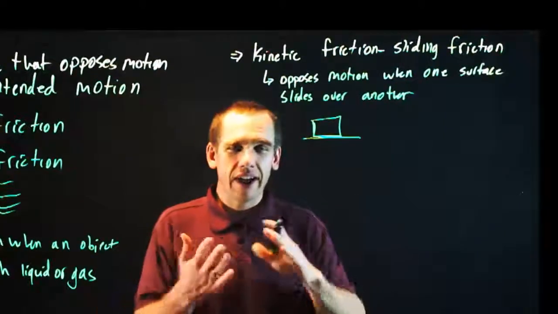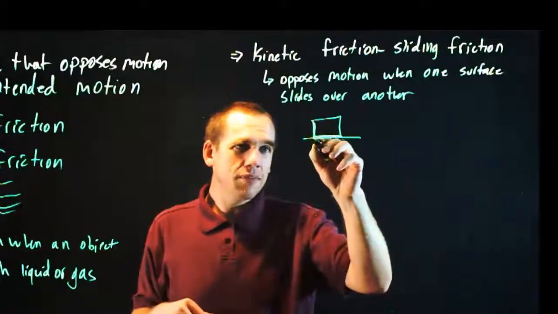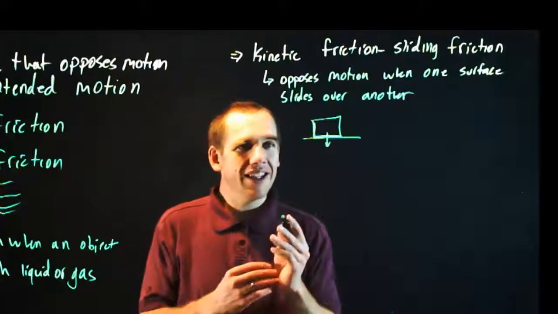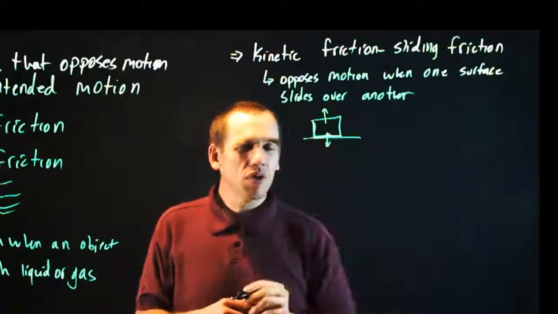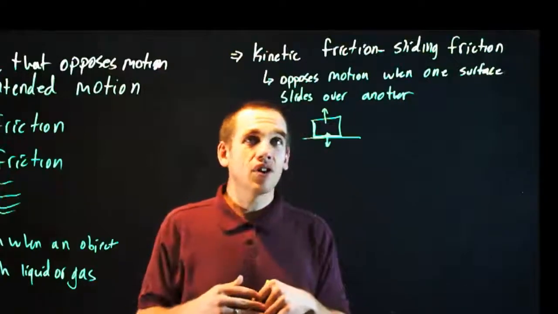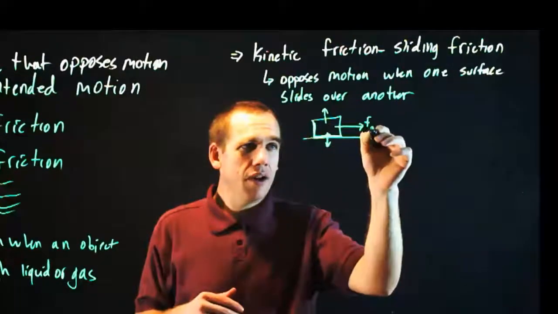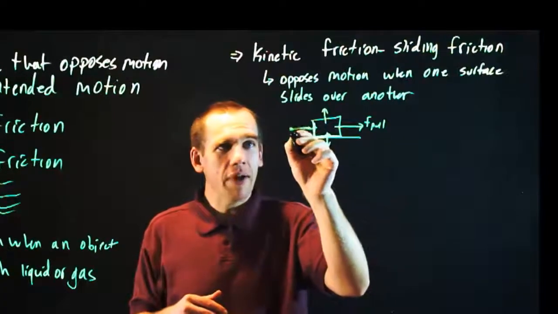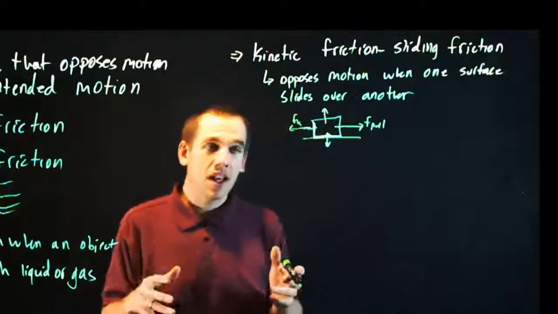We generally think of sliding two things past each other, and so if I have a box being dragged across the ground, the box is being pushed into the ground by gravity, and then the ground pushes back up on the box, and so there's this force between those two surfaces, and that's what actually causes this frictional force to exist. And so as I apply a force this way, I'm pulling it in this direction, there has to be enough force here to balance this kinetic frictional force to keep it in motion, which is different than inertia, right?